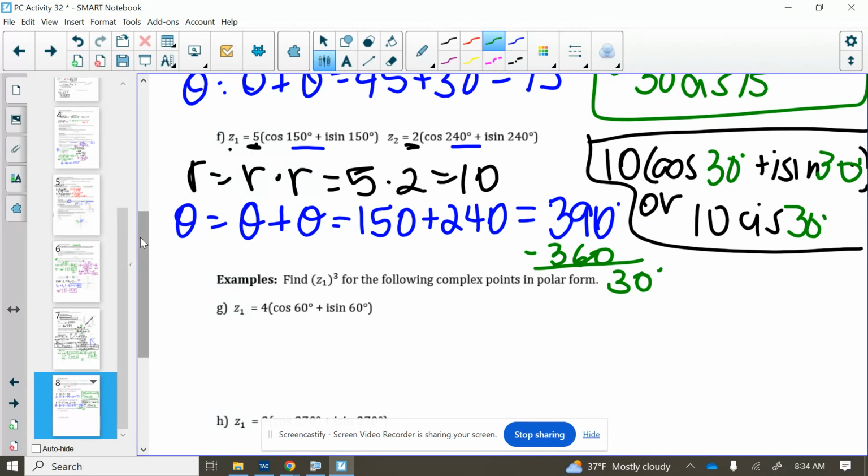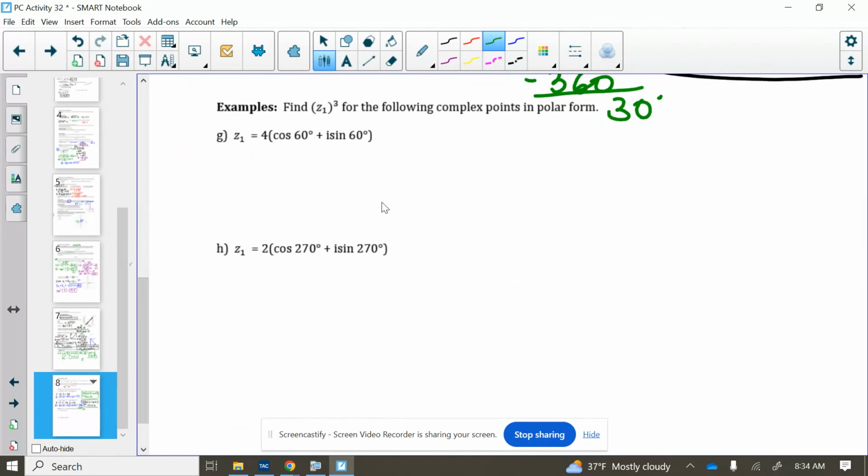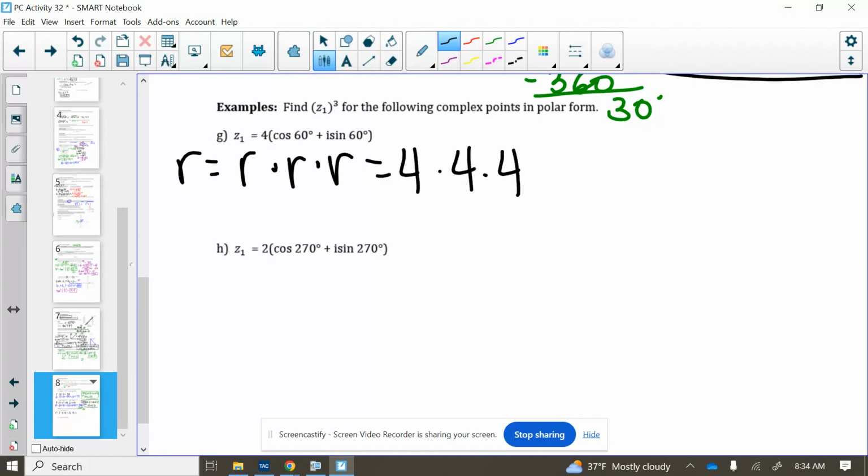Now, if we're raising this to more than just multiplying 2 together, let's say we're raising to the third power, essentially what's going to end up happening is to find the r value, we're going to take the r value from the original and basically end up multiplying it by itself 3 times, since that's what's getting multiplied. So 4 times 4 times 4 is 64.